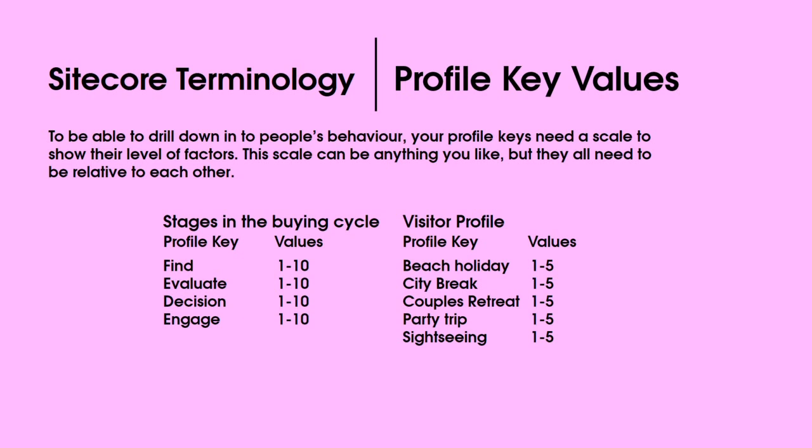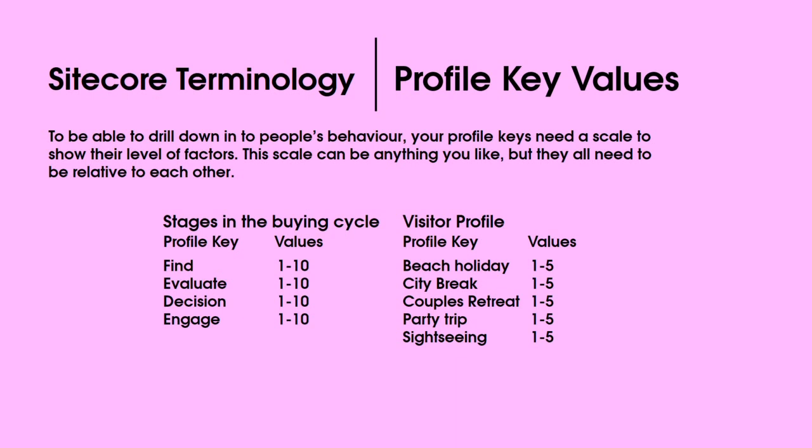So, for example, let's say I'm on the book a flight page, or even better, I'm checking in. That's going to be 0 on find because I've already found one and I'm checking in. I don't need to evaluate anymore, so again it's going to be 0. 0 and 10. Does that make sense?